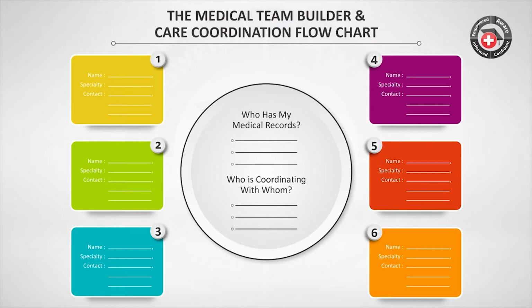So there are all of these moving parts, and you need a way at least to begin to start to track who's coordinating with whom and where your medical records are. The medical team builder and care coordination flowchart is the best place to get started to do that.